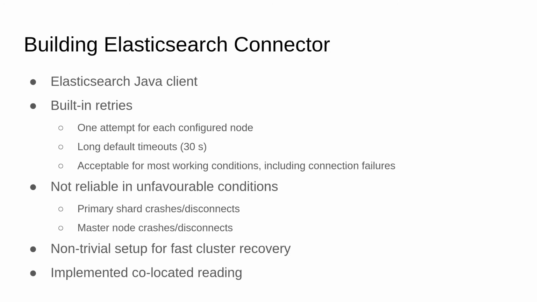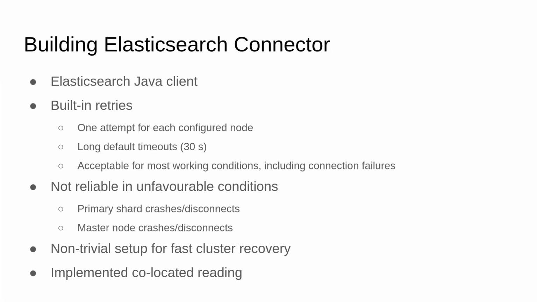Originally, we thought that the client would handle all network and Elastic node failures very well. And it does it for most of the cases, but it turns out that it doesn't cover all of them. And we had to implement a custom retry mechanism on top. The typical situation where we need additional retry is when a primary shard in Elastic gets disconnected.